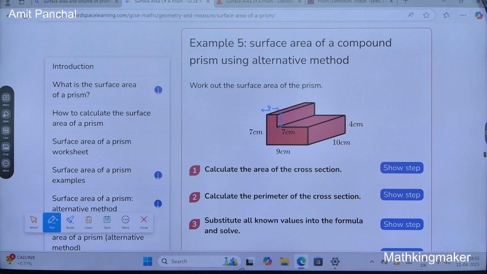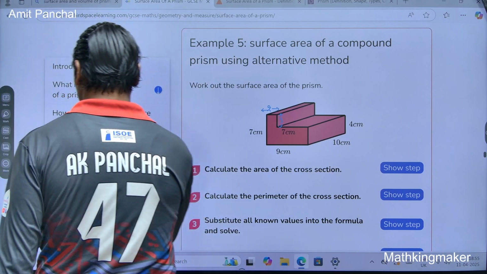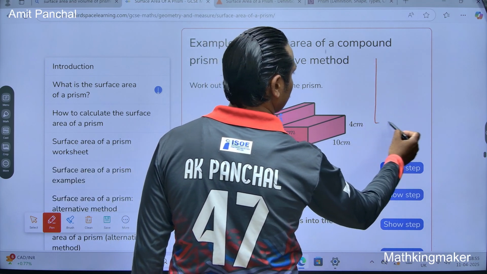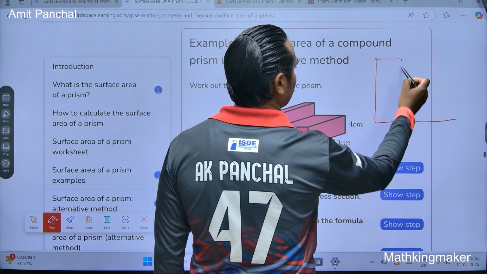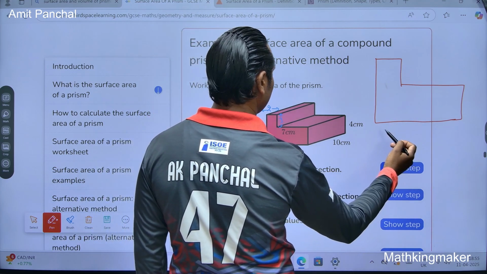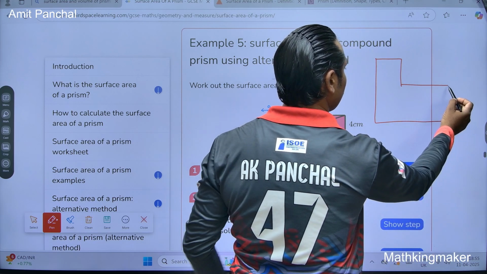Now you can find the base area, that is the cross section area. This will be the figure of your base.